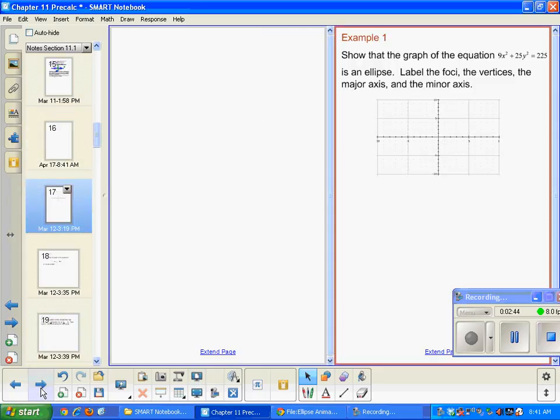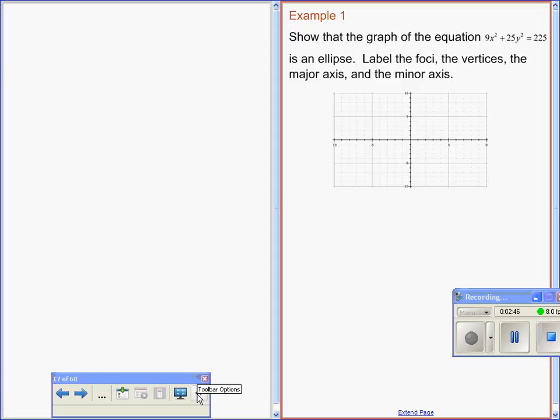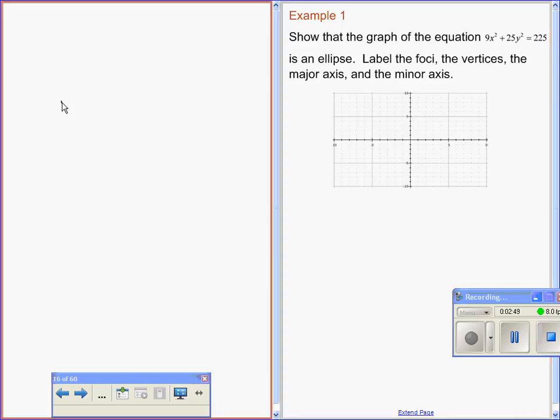Okay, so let's work through this problem. We're starting out with 9x squared plus 25y squared is equal to 225. And now we're going to think about what we need to do to that equation to show that what we have is an ellipse.